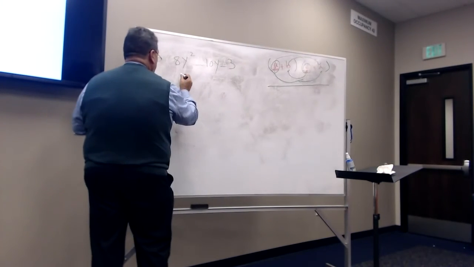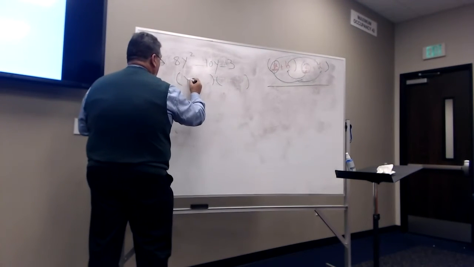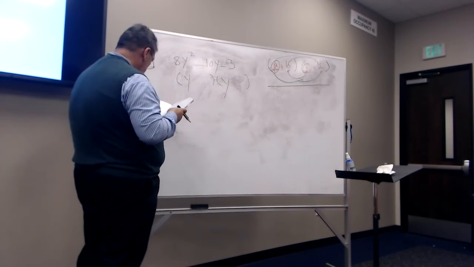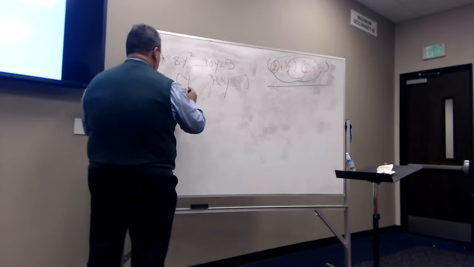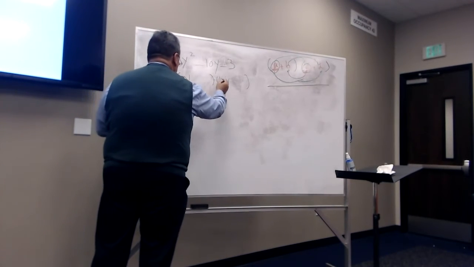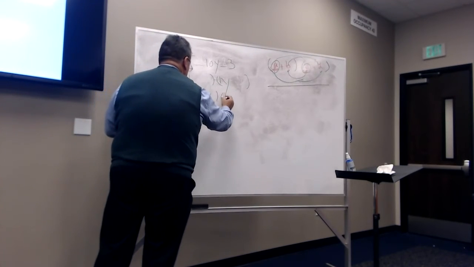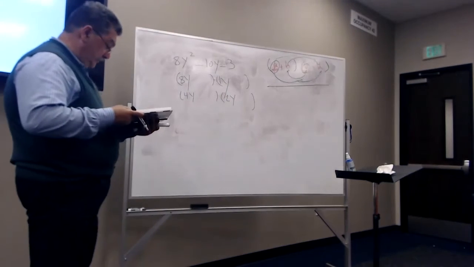So again, I need 2 parentheses. I need y and y to become y squared. And I need 8 and 1, but I can also write it as 4y and 2y. Yes? You have that option also.